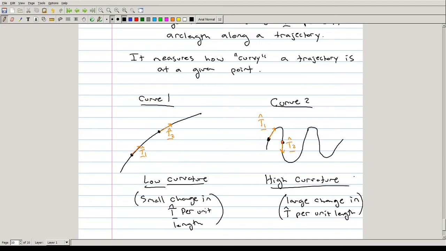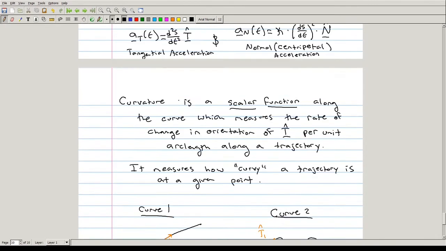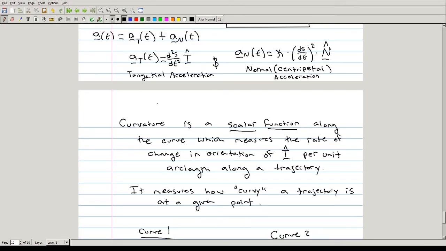So that's exactly what this measures when you calculate the magnitude of the rate of change of the unit tangent vector with respect to arc length. This is why we define curvature the way we do, and we've shown that the acceleration vector can be decomposed into a normal acceleration and a tangential acceleration.